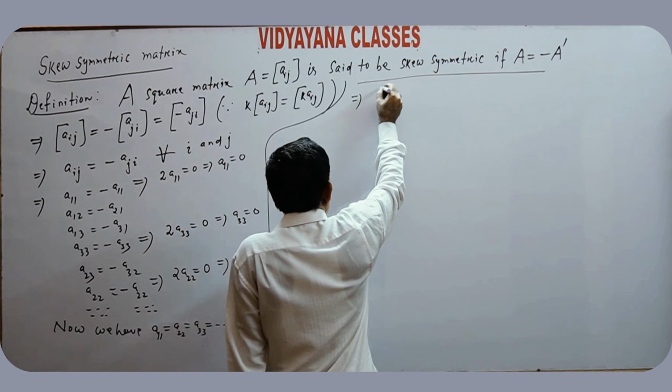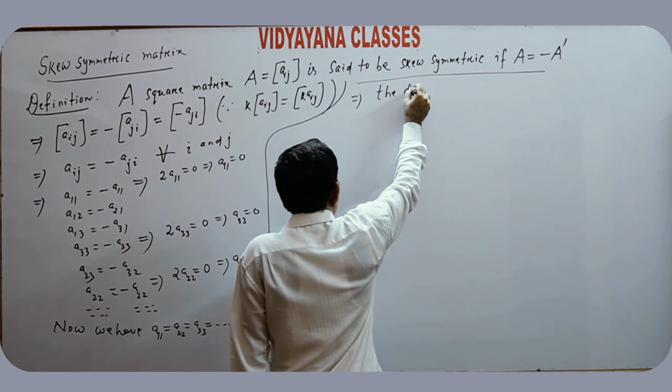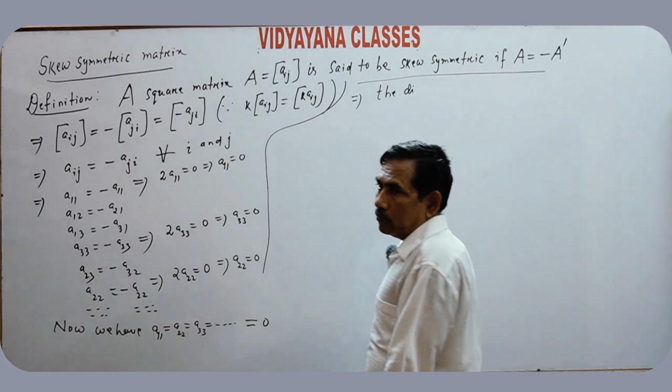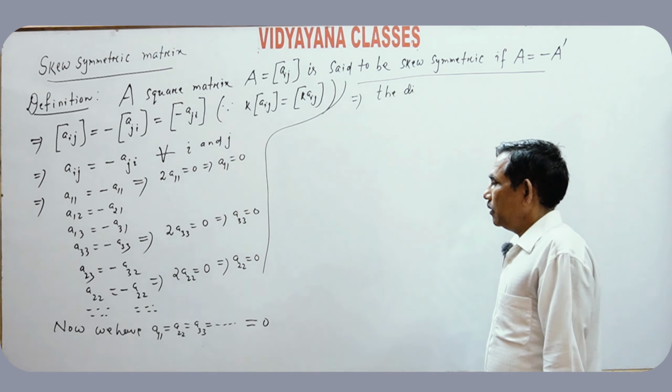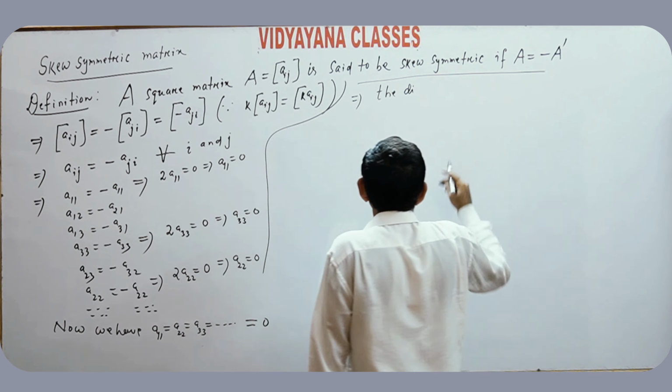Implies the diagonal elements A11, A22, A33 are the diagonal elements.